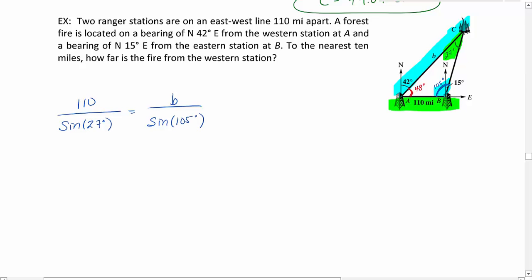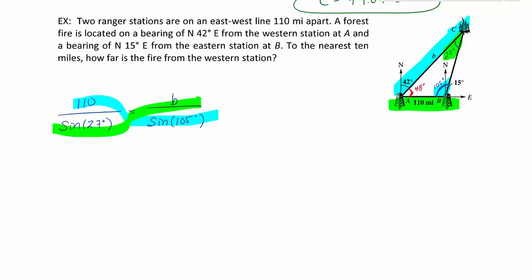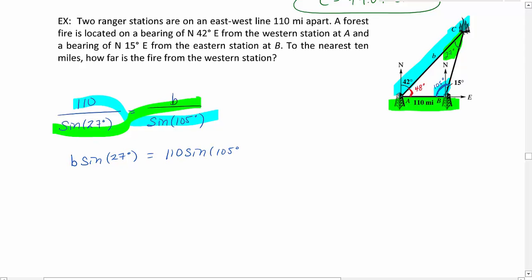And once we have it set up, it always finishes the same. Cross multiply and divide. B times sine of 27 degrees is equal to 110 times sine of 105 degrees. And we'll divide by sine of 27.